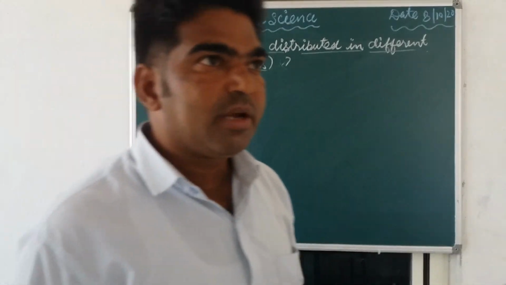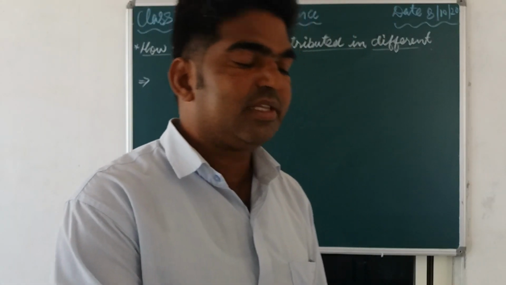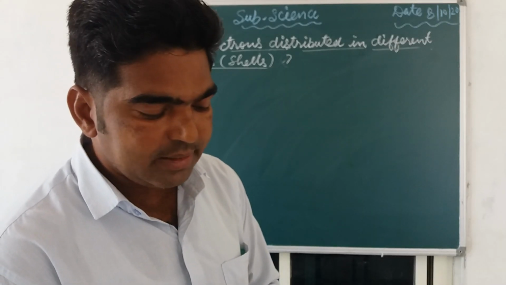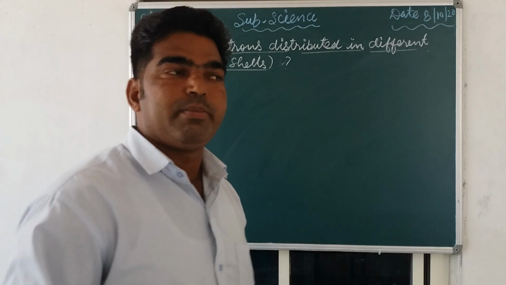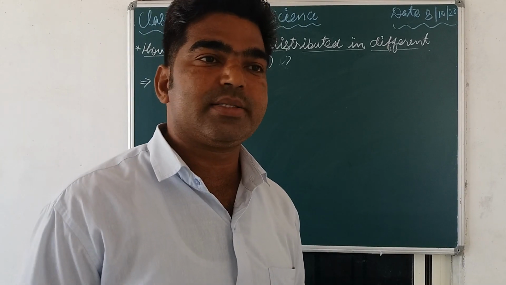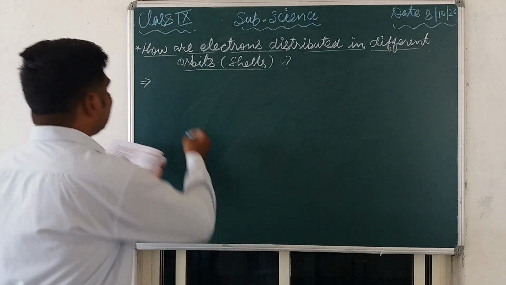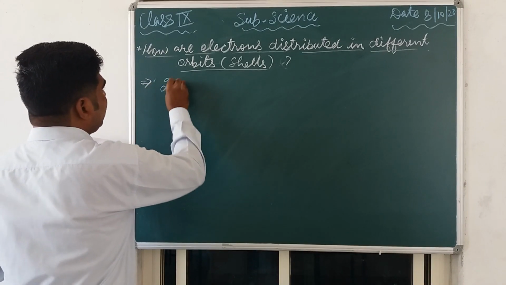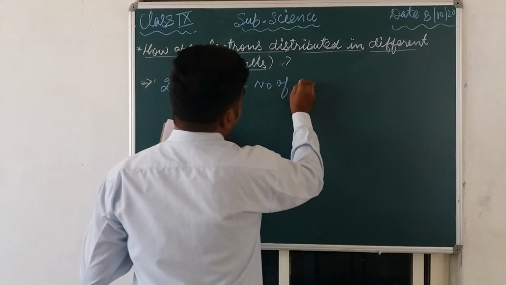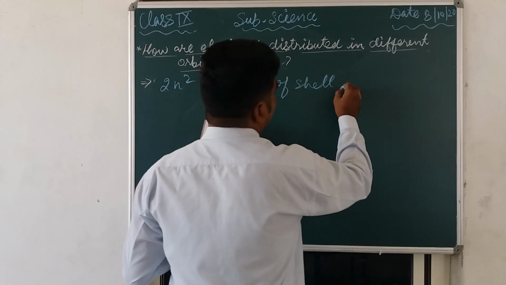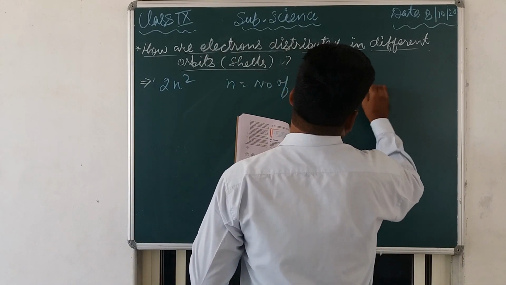First, the maximum number of electrons present in a cell is given by the formula 2n square. Means कोई भी cell maximum कितने electrons occupy कर सकता है, that is given by the formula 2n². Here n is equal to the number of the cell, or you can say the orbit.